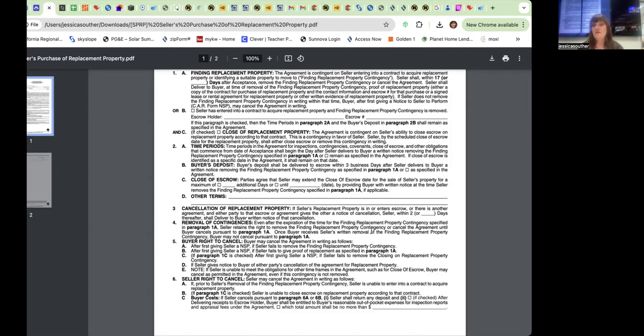You want to check it because that says if you get past the finding the replacement property, they removed that, they're going through, they still have the close of replacement property intact, and then that one falls out, your buyer has already done the inspections, they've done the appraisal, because they're acting on good faith that this is going to close, and it doesn't close, then they can charge the seller for those fees. But you need to check that box on section 6C.